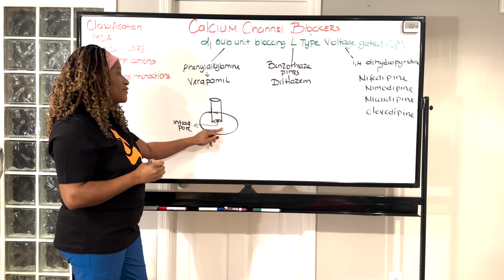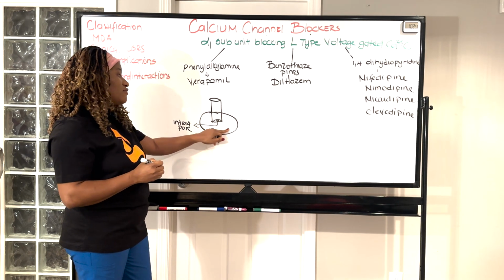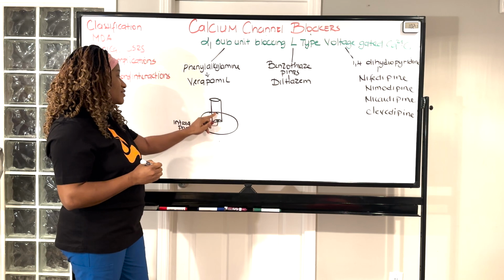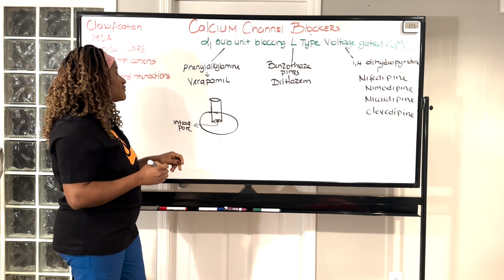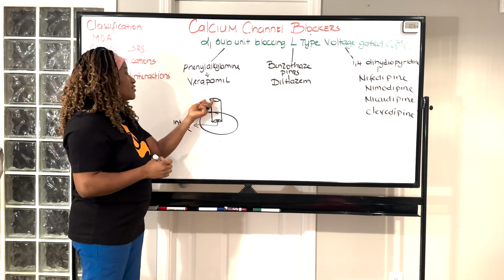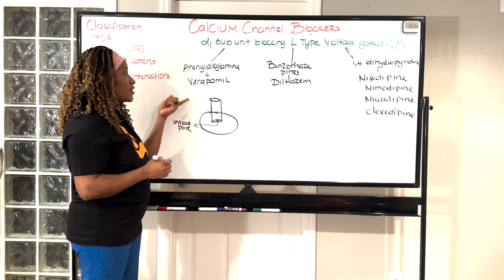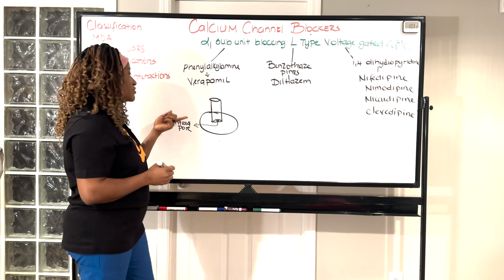Now remember, for muscle contraction to occur, you need to have an accumulation of calcium inside your cell. So they're going to block the influx of calcium inside the cell right here. And for them to be able to do that, the channel has to be open. So this is why they require the channel to be open in order to work.